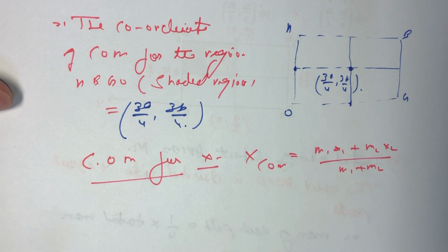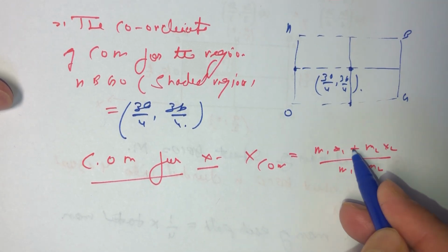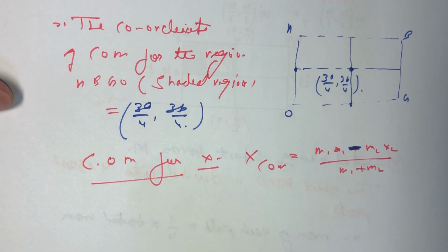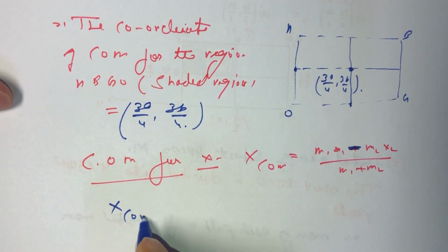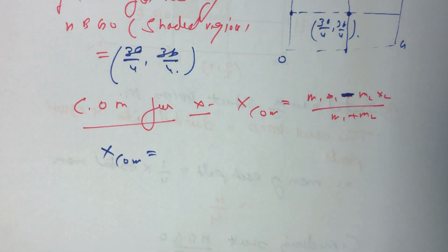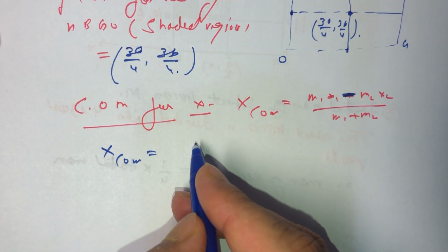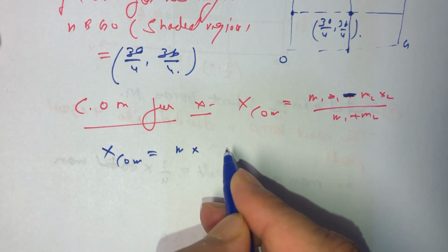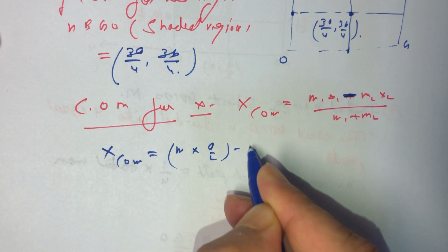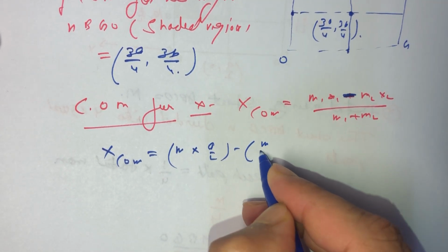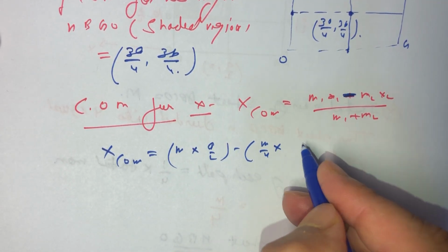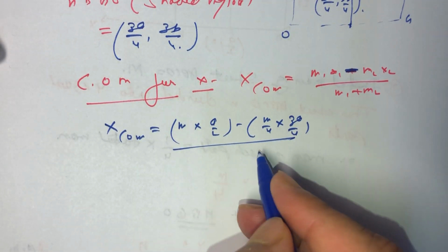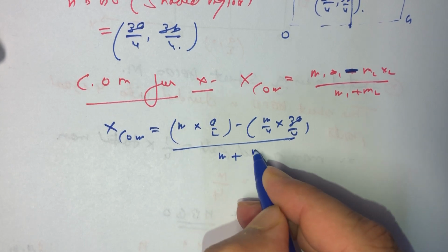Here we write a minus because we are going to remove the portion. Therefore X center of mass equals M multiplied by A by 2 minus M by 4, the removed portion, with its x coordinate 3A by 4, divided by M minus M by 4.